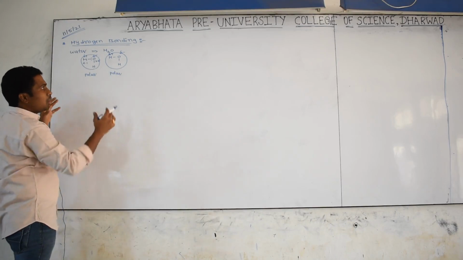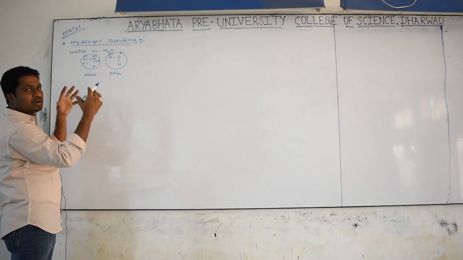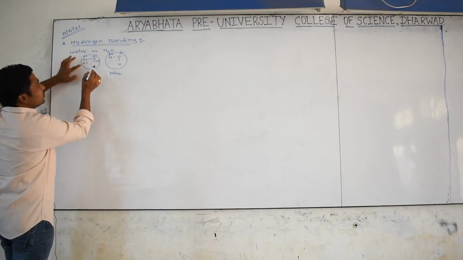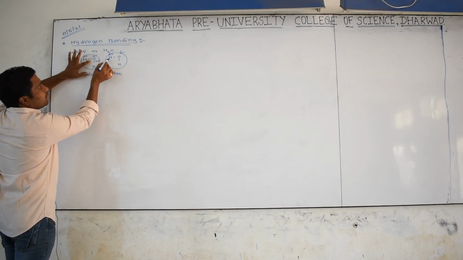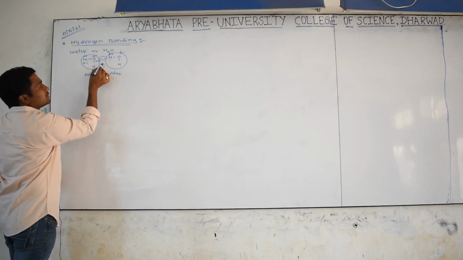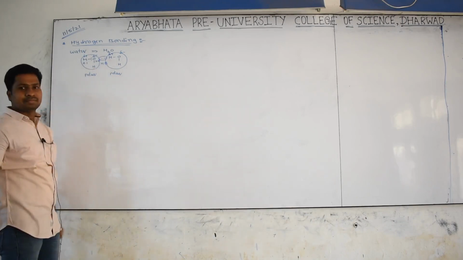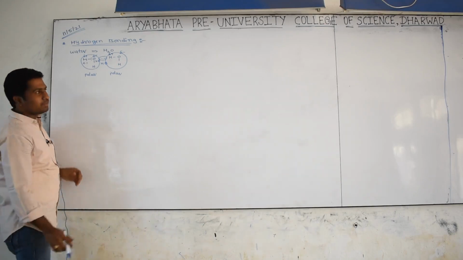Now, how are these two water molecules connected or attracted together? This negatively charged oxygen atom and positively charged hydrogen atom have some force of attraction between them, and that only we call hydrogen bonding. Can anybody tell me the definition of hydrogen bonding?